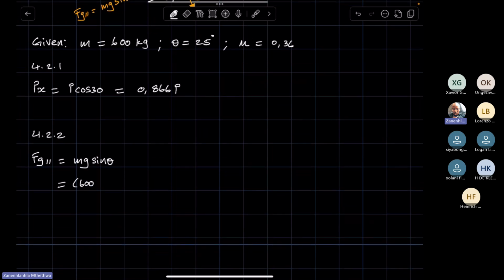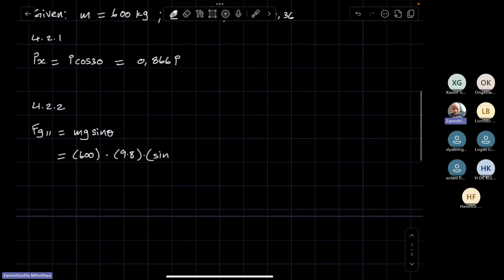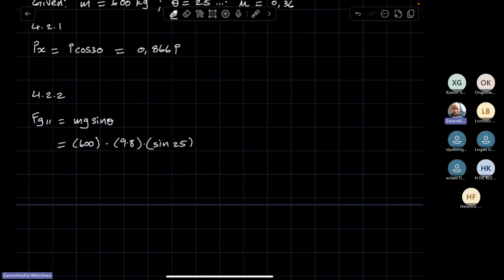The mass is 600, g is 9.8, theta is 25 degrees. So this is 600 times 9.8 times sine 25. What are you guys getting there? I'm getting 2484,995 newtons.